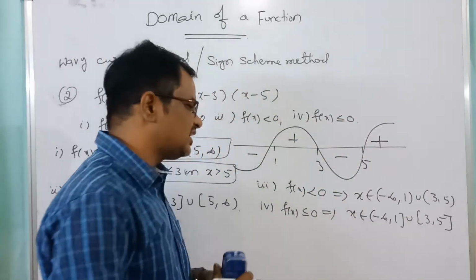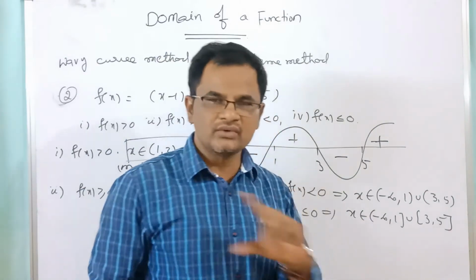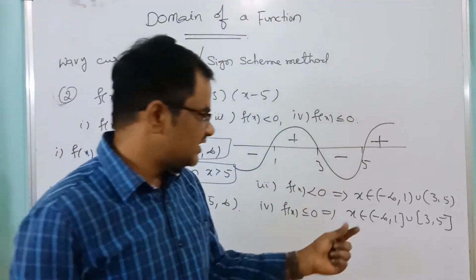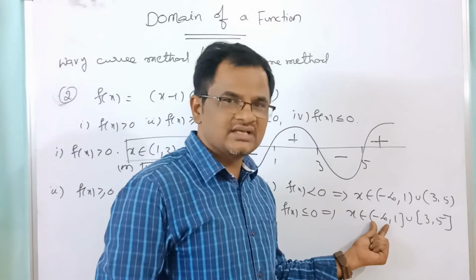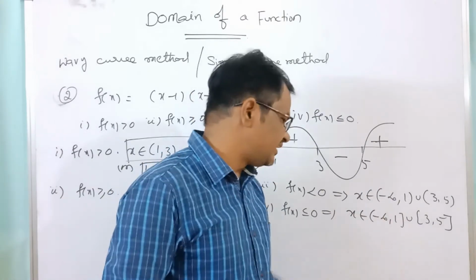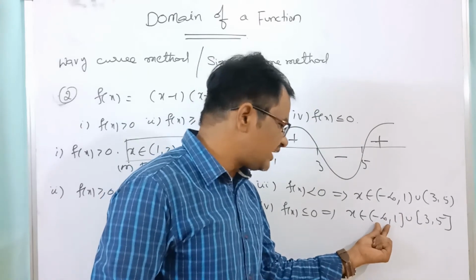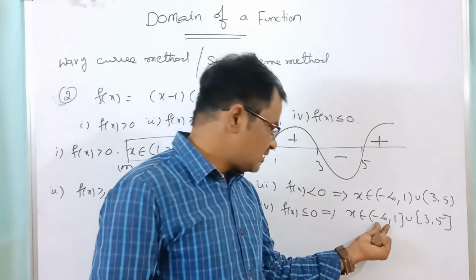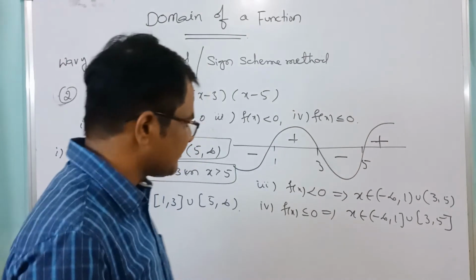For infinity, minus infinity and plus infinity, we can't take a closed interval, because we don't know the exact value of infinity or which value it approaches, so we always take an open interval.